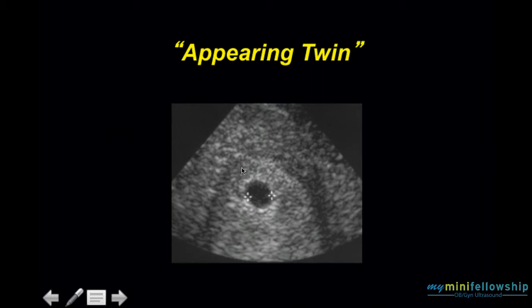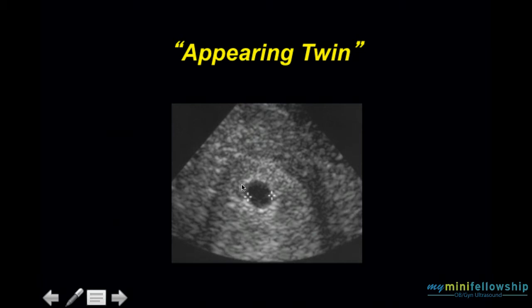Okay, so when we see the thing we call a gestational sac, that was a term that came out of the early days of ultrasound when we could see this little ring-like thing in the middle of a uterus, and the lady subsequently turned out to be pregnant. So the early sonologists called that a gestational sac. But the real term for this thing is a chorionic sac.